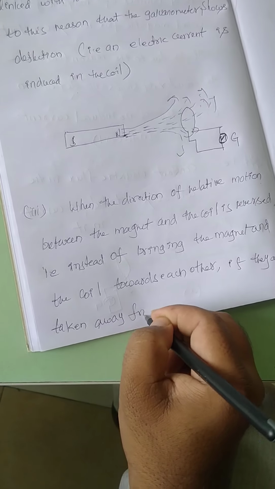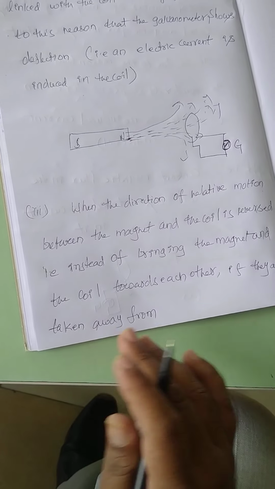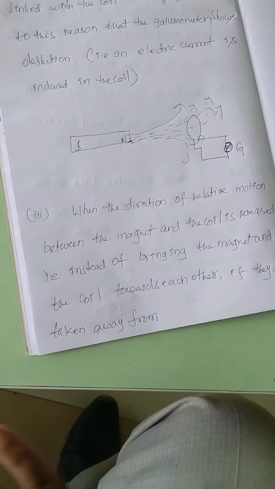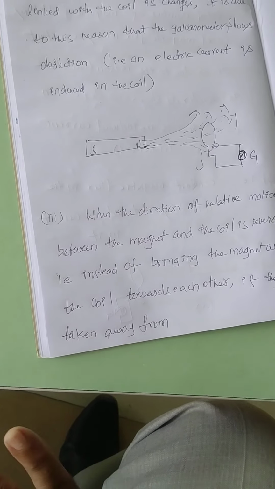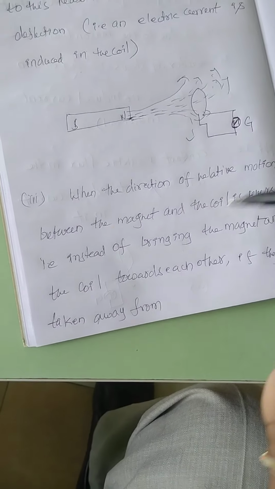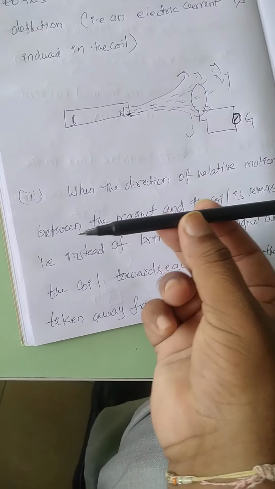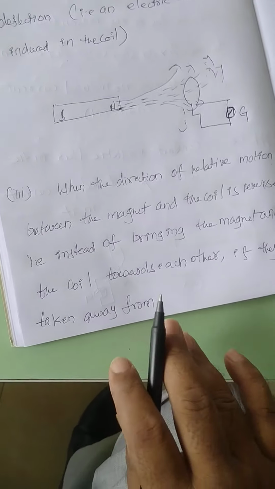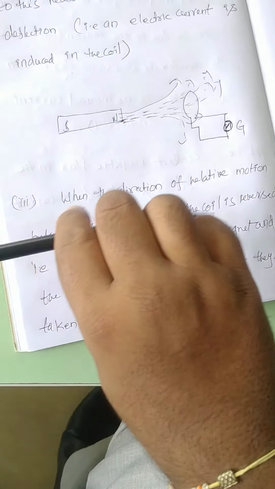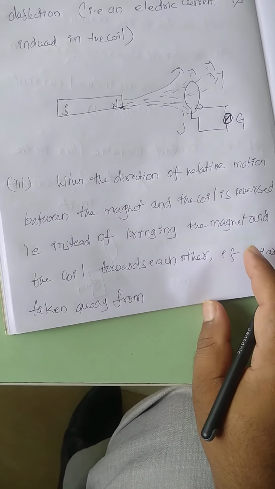Before, we discussed that towards each other means the galvanometer shows deflection towards the right. But instead we can take both, not only the magnet. Before, I discussed only the magnet moving away from the coil, where the galvanometer shows deflection to the left. Magnet moving towards shows right deflection; magnet moving away shows left deflection. But here both are moving away from each other, the coil moving left and the magnet also moving left, so it is a relative motion.